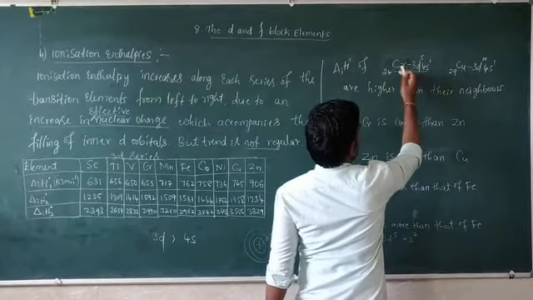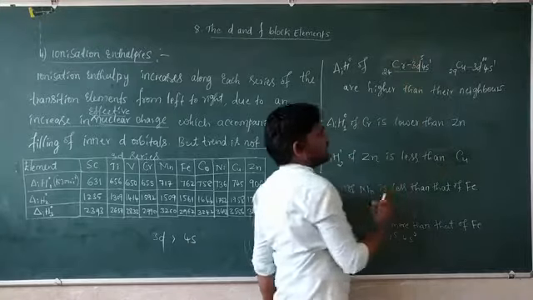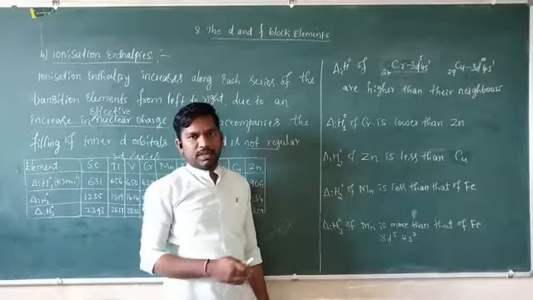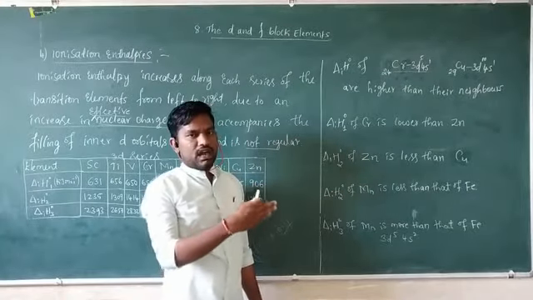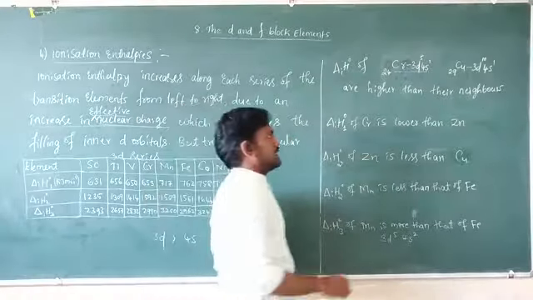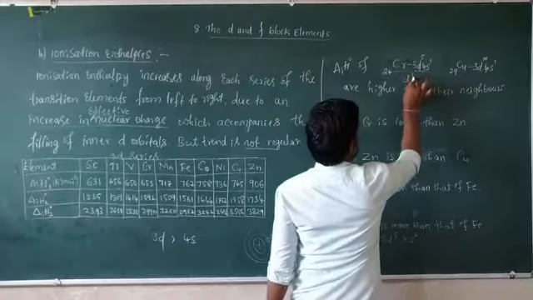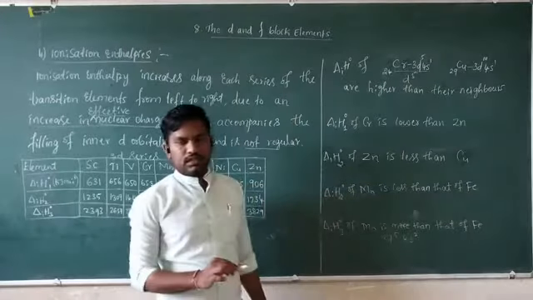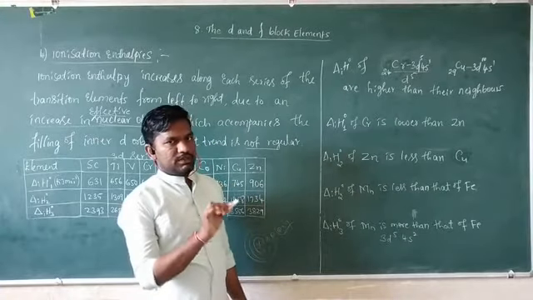Why is chromium higher than manganese, which has atomic number 25? Because chromium has a half-filled d orbital, d5.